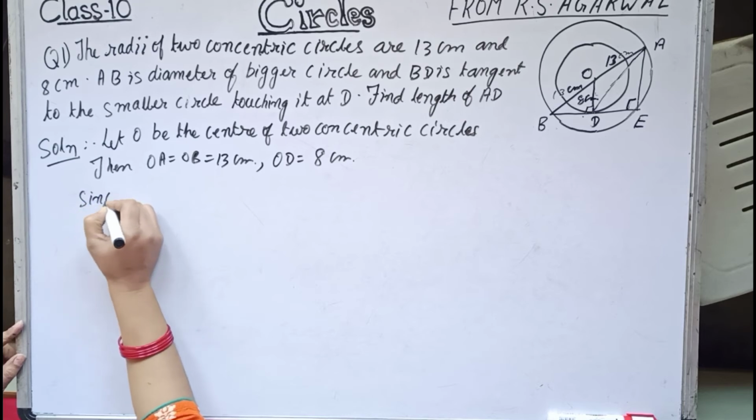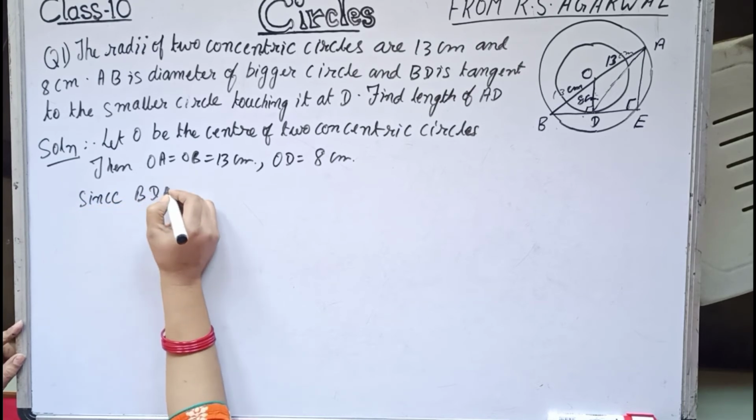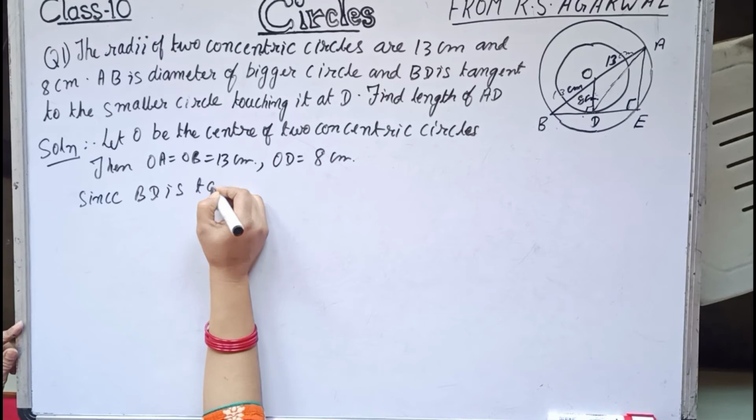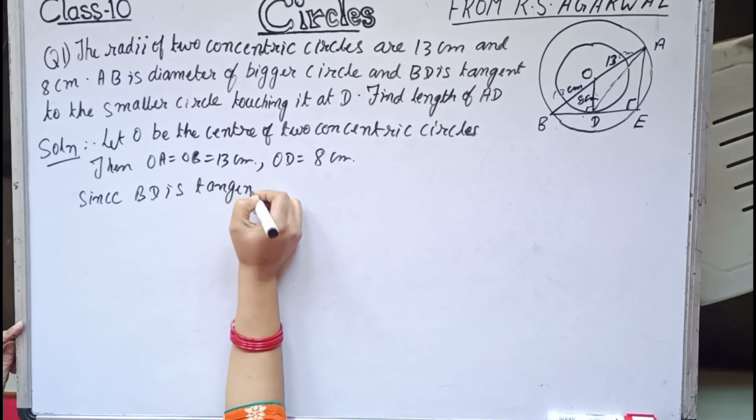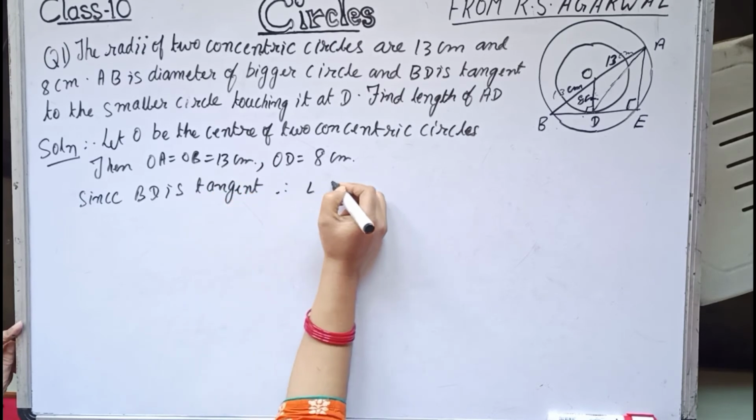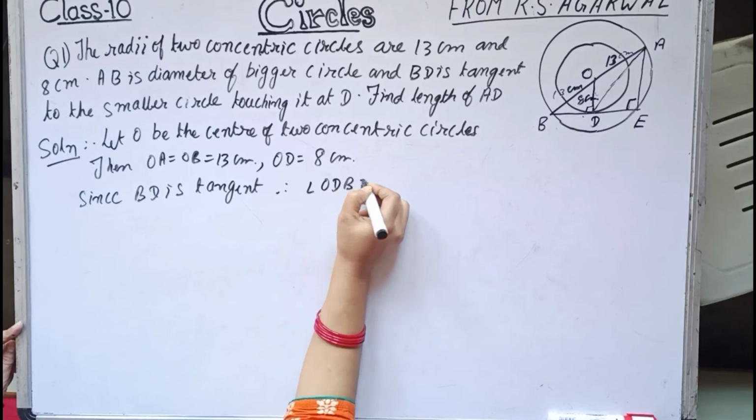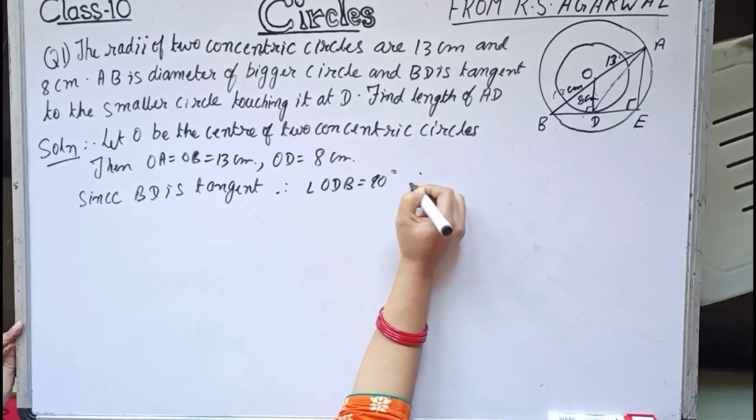Since BD is tangent, therefore angle ODB equals to 90 degree.